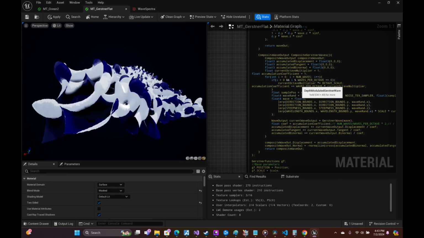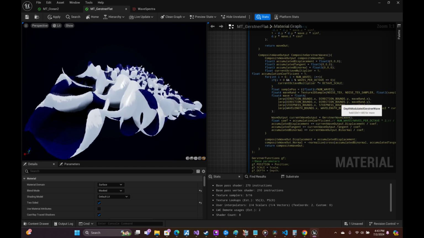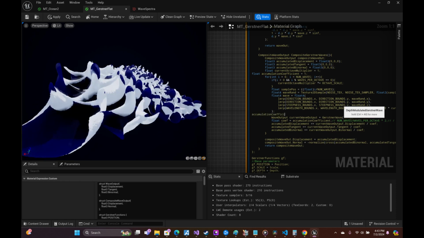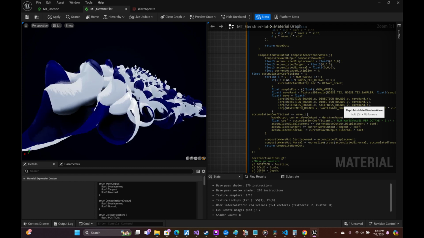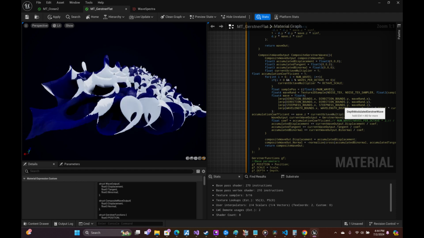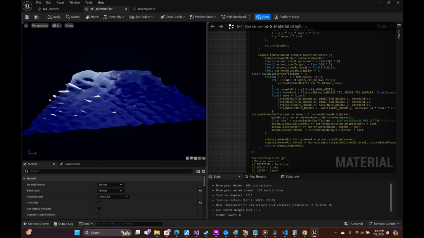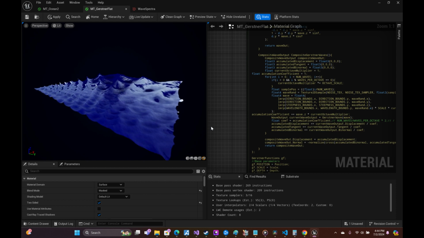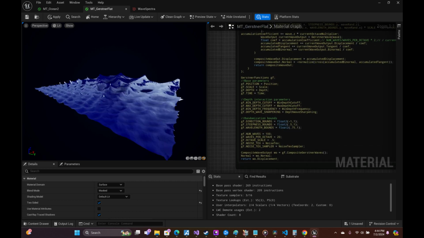So, we've tried this, right? Simulation coefficient plus equals wave Z times current octave multiplier. That's not too bad, but then what happens if I change it?